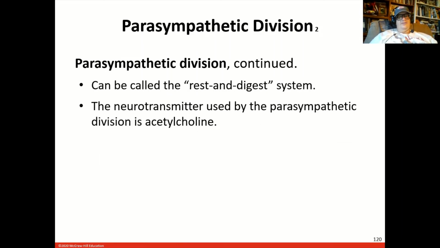And we already said that helps you relax. We call this the rest and digest system, and it uses acetylcholine, the same neurotransmitter that's used mostly in the somatic system.